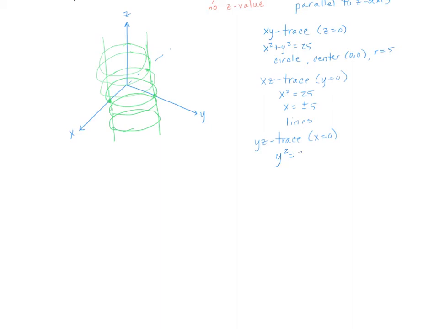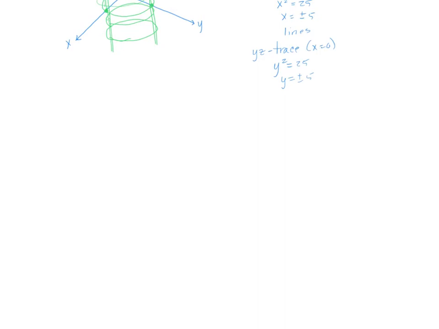So that means y squared is equal to 25, y is equal to plus or minus 5. And again, we have these lines, and I've already got one of them. And continuing on with our y-axis, probably about here, I will continue to have these lines. So there's my sad cylinder. If I were to describe this, this is a traditional cylinder.